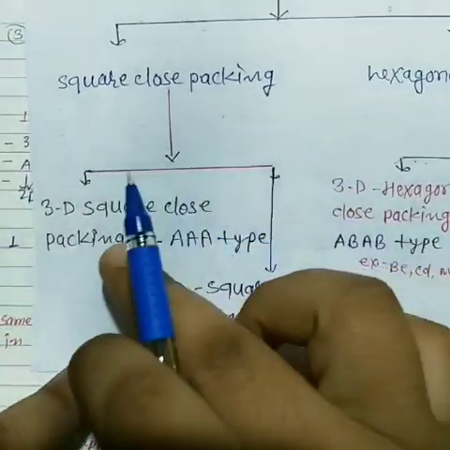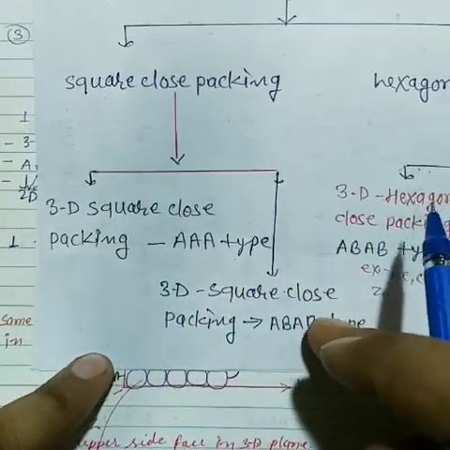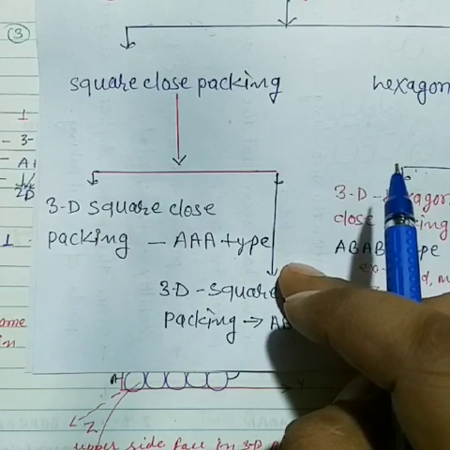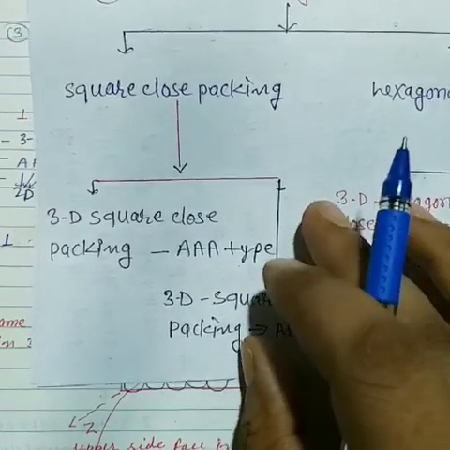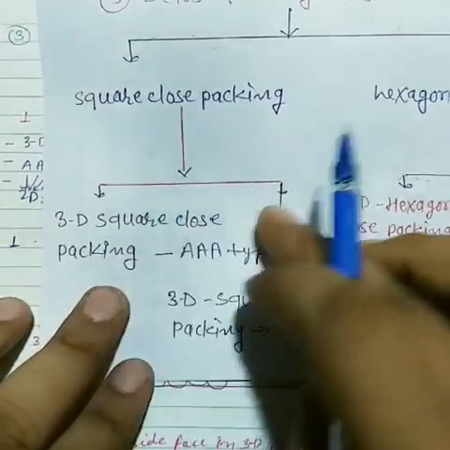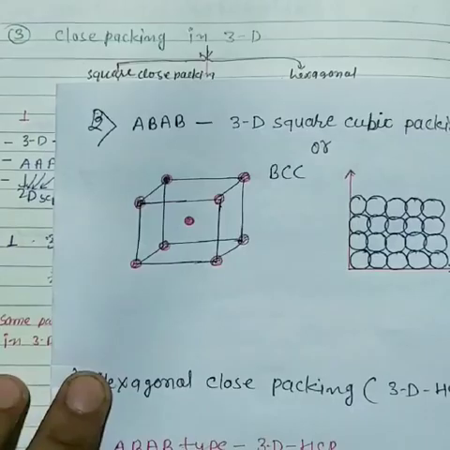So here it is 3D square close packing AA type and 3D square close packing AB type. So they are the basic difference. First of all, I am going to discuss 3D square close packing. So let's see.